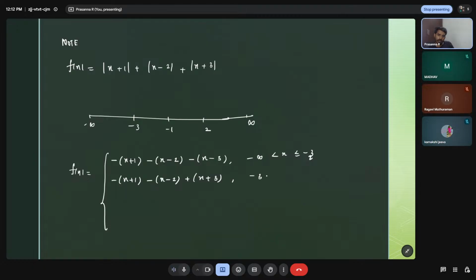This is when x lies between minus 3 to minus 1. Now minus 1 to 2, let us take 0. 0 plus 1 is positive, 0 minus 2 is negative, 0 plus 3 is positive. So when x lies between minus 1 to 2, right? I missed some part, sorry, minus 1 to 2.